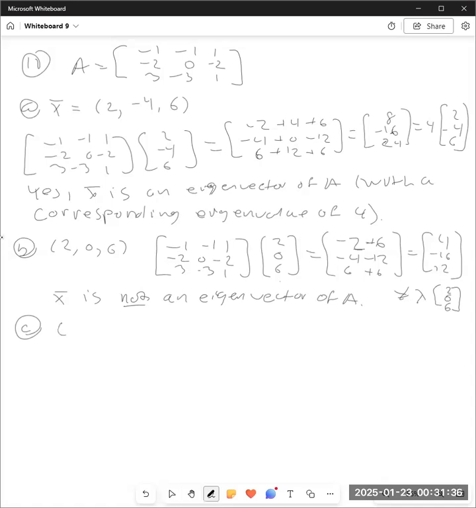All right, let's look at part C. C asks me about the vector 2, 2, 0. So I want -1, -1, 1, -2, 0, -2, 3, -3, 1 times 2, 2, 0.